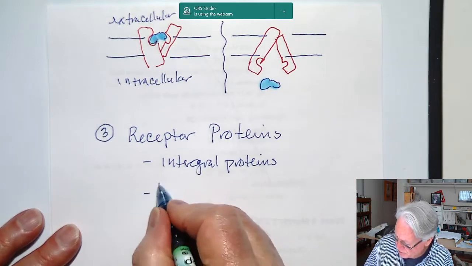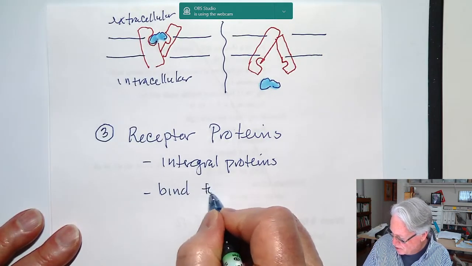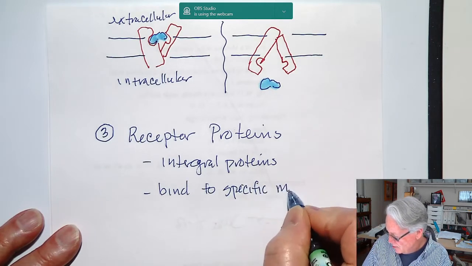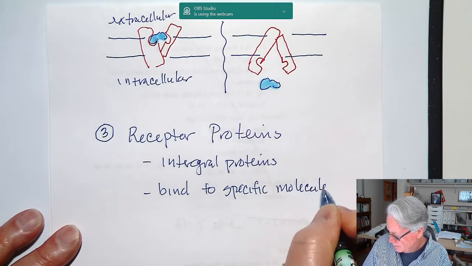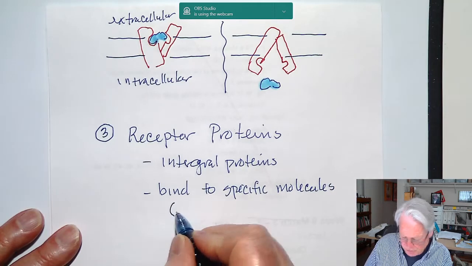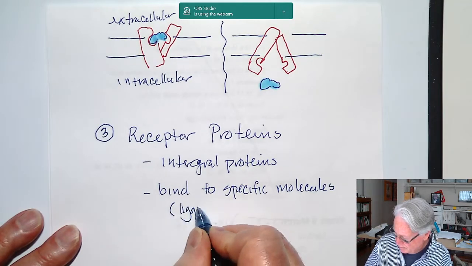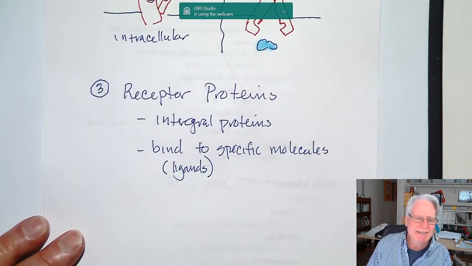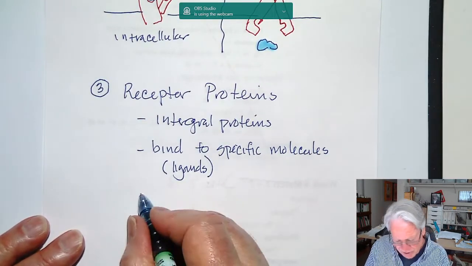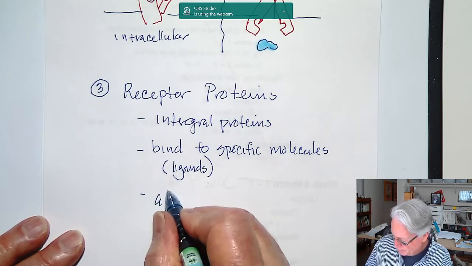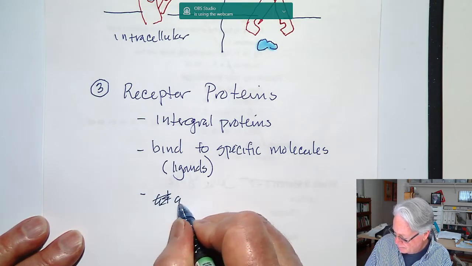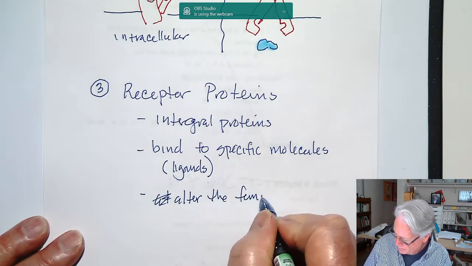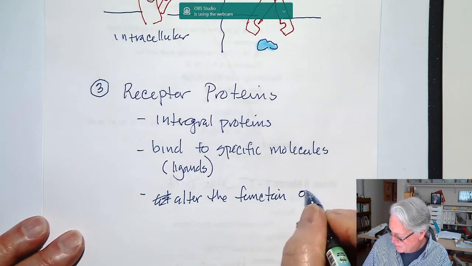And what these are going to do is bind to specific molecules, and these molecules are referred to as ligands. That's what they bind to, ligands. And then what happens is they will alter the function of the cell.